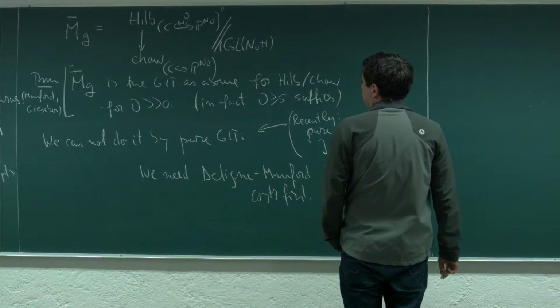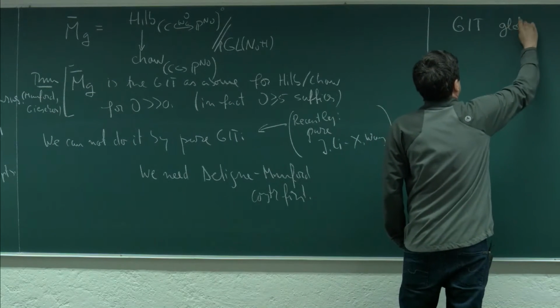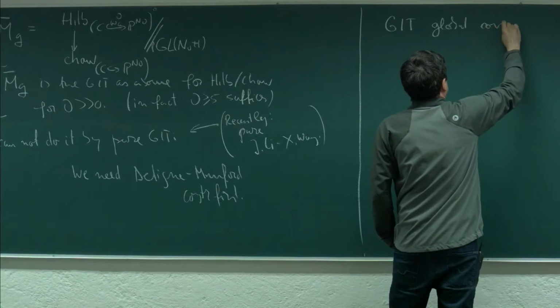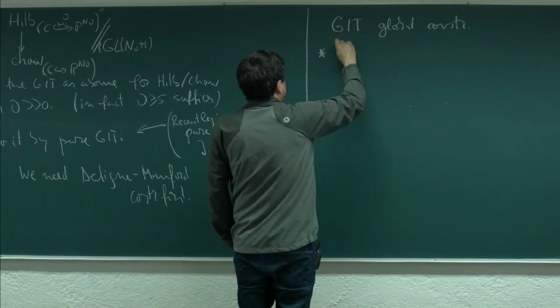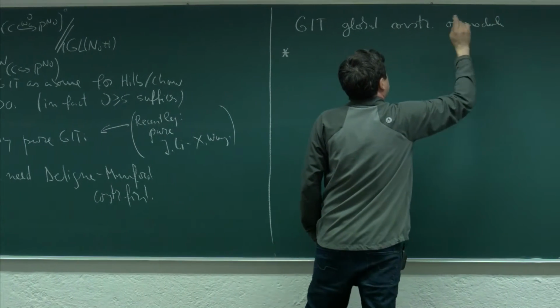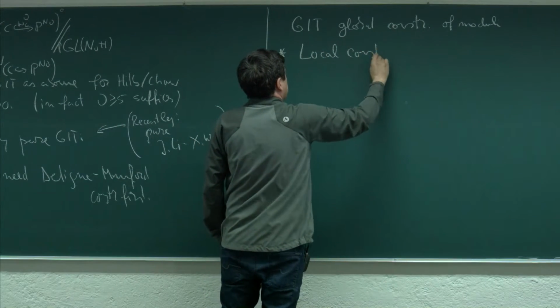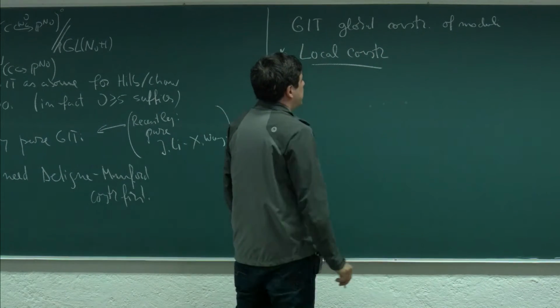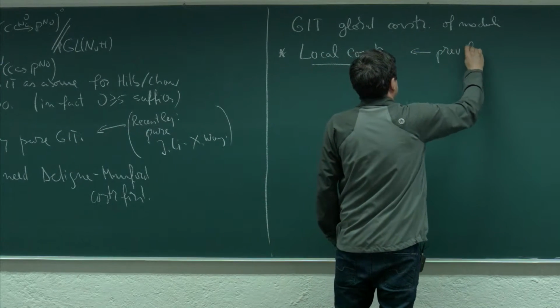So let me say something. GIT is a global construction: we have all of the moduli at once. But we also have a local construction, which is basically what was discussed in the previous lecture.